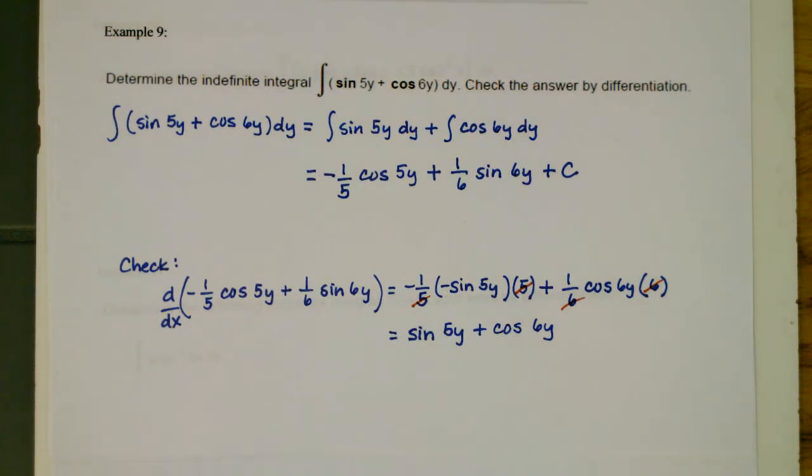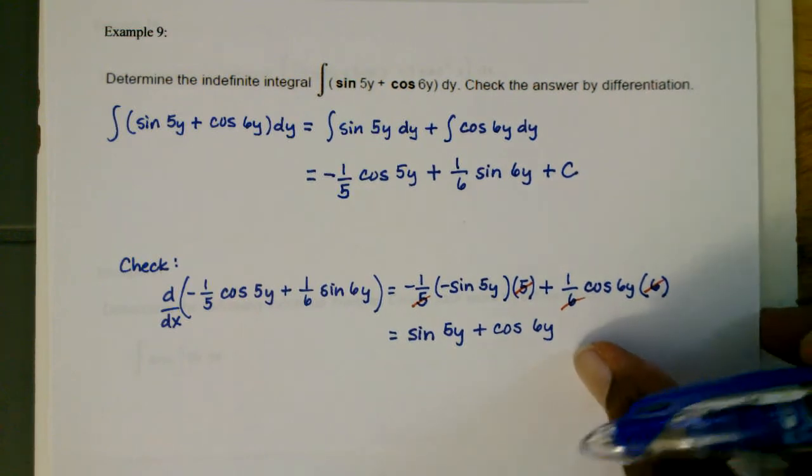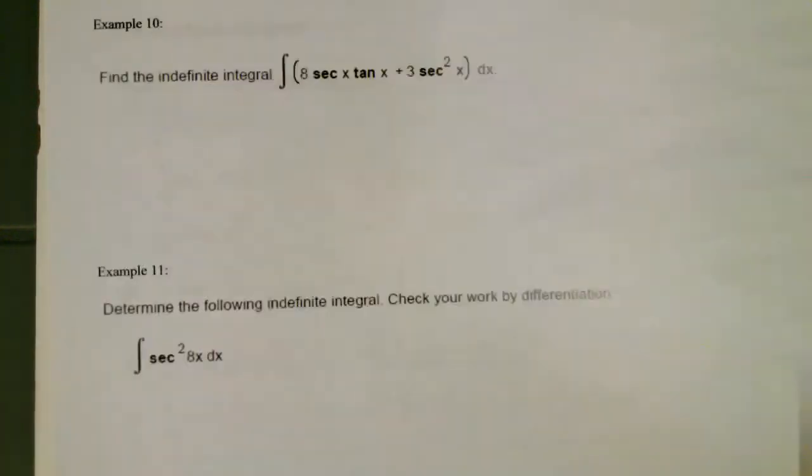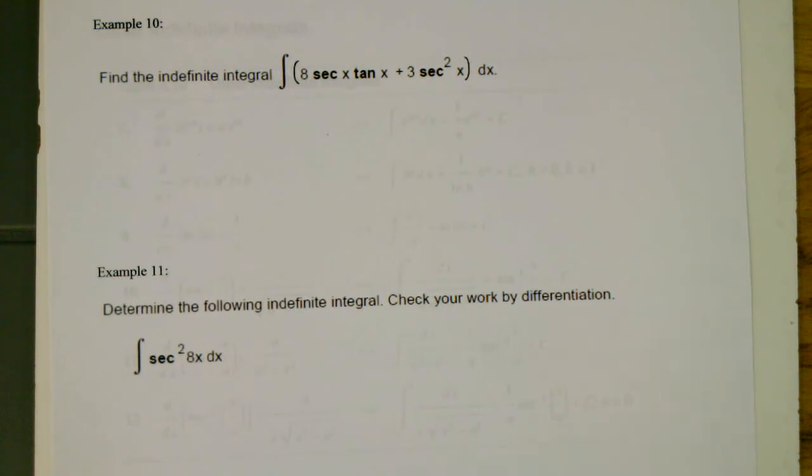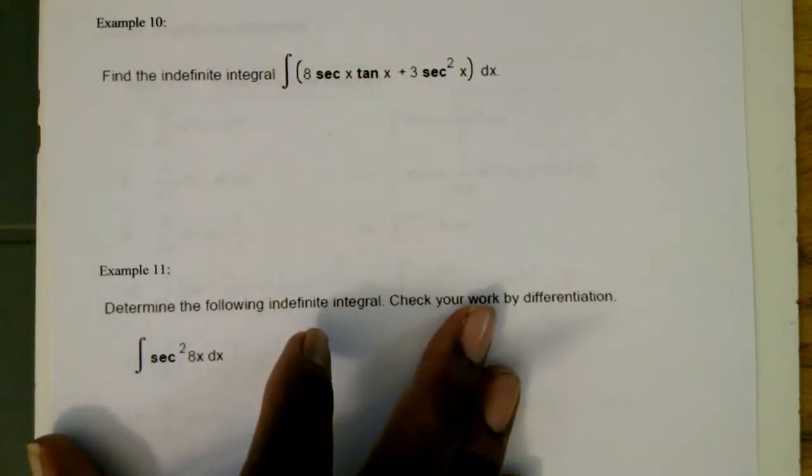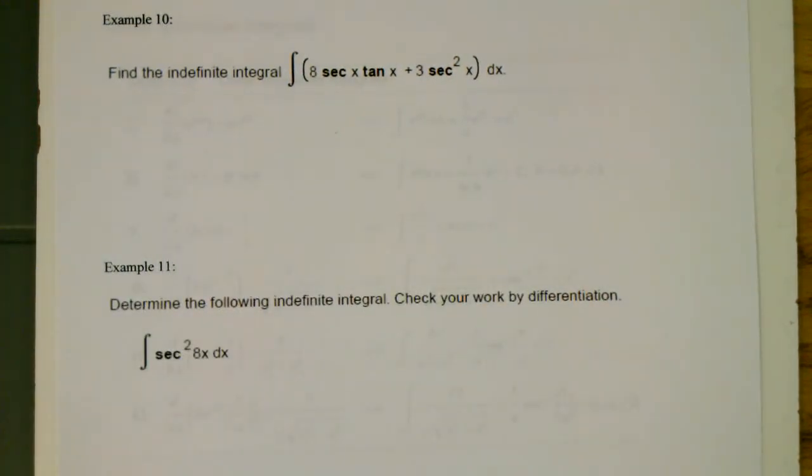Okay, so that's example 9. Okay, example 10. Say I want to find the indefinite integral. In this case here, the integral of 8 secant x tangent x plus 3 times secant square x dx.